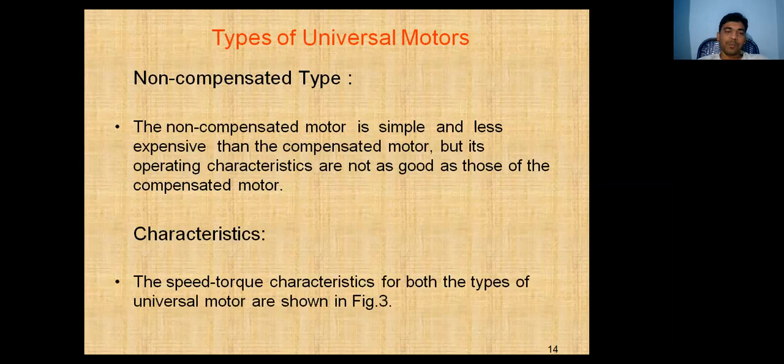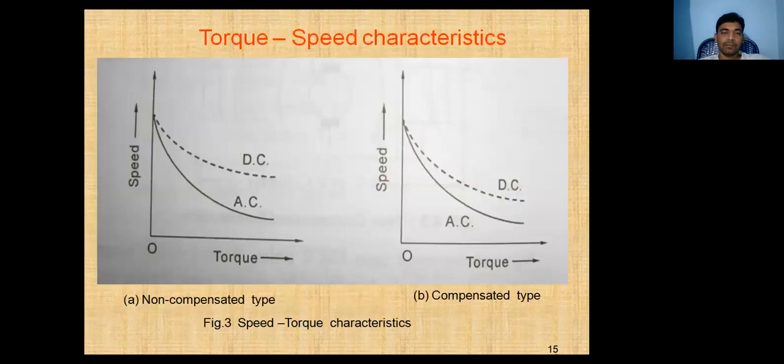The speed torque characteristics for both the types of universal motor are shown in the figure. This is the non-compensated type.